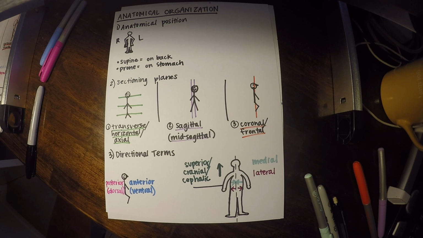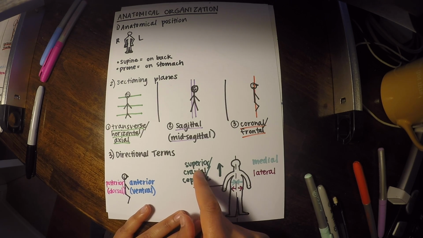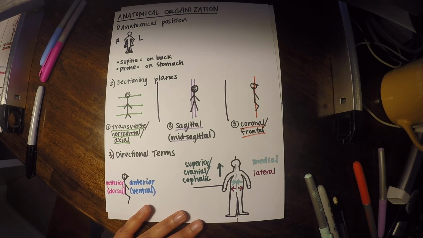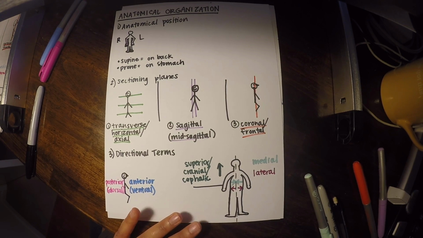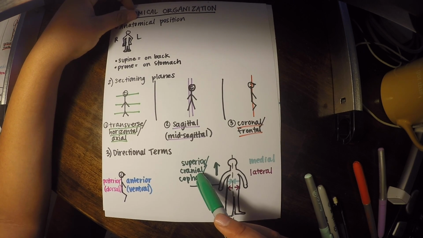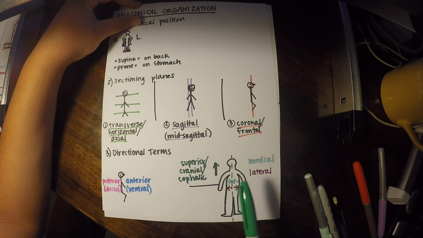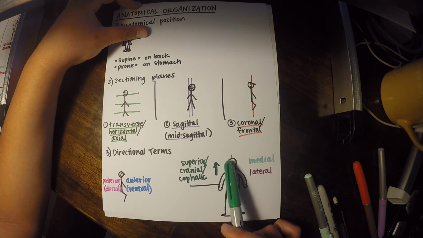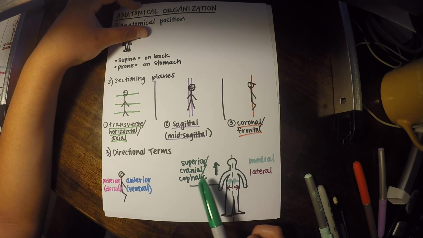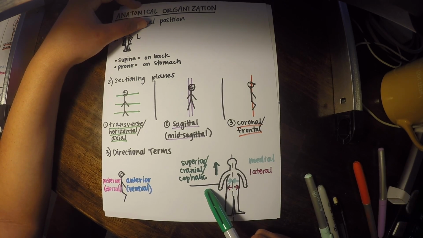Superior is usually the most commonly used term, but I also need you to know the other ones because they're sometimes used in the medical field. Cranial is sometimes used a little bit more in the neurology field, but cranial means brain. So it basically means anything closer to the brain, which is the same thing as superior, right? Anything higher up. Cephalic also means toward the head, so it means the same thing.